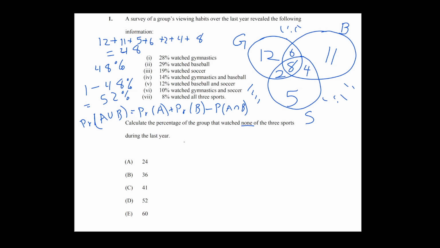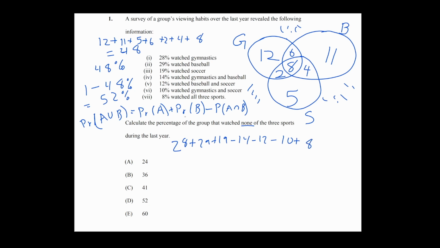So let's do this formulaic way. I'm not going to write the percentages, so just know that everything is in percentages. So again, it's going to be 28 plus 29 plus 19 minus 14 minus 12 minus 10, and then we want to add the triple intersection.